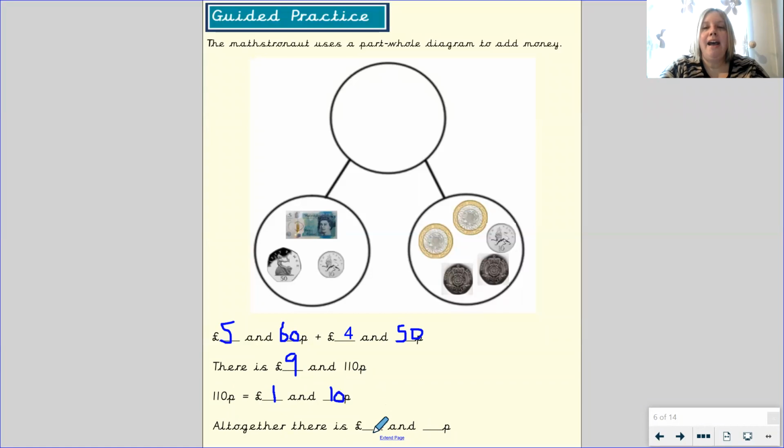So now we can move on to finding out how much money there is all together. So now I can add my pounds together. I've got £9 and £1. If I add those together, I have £10.